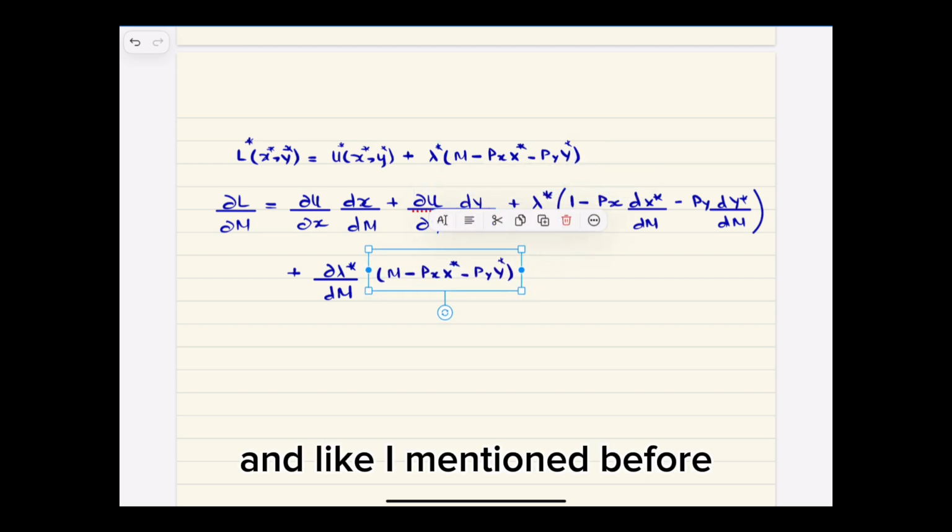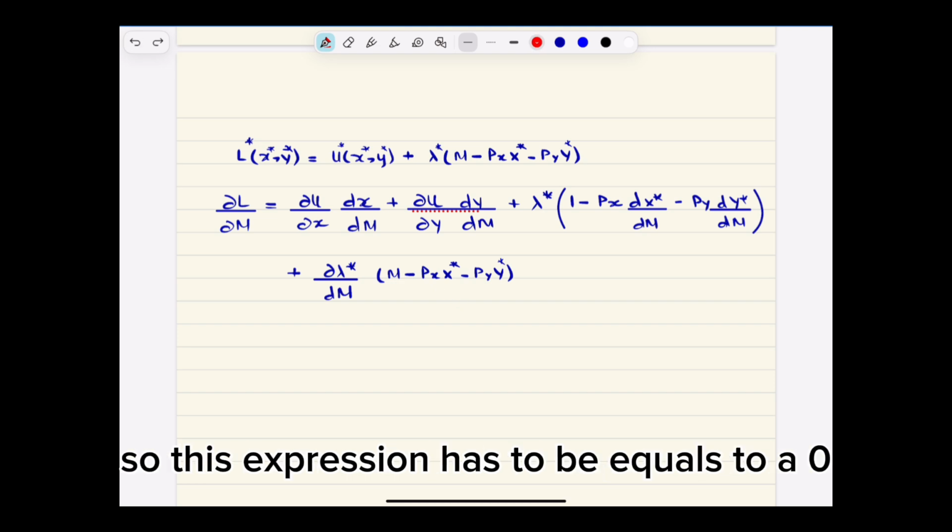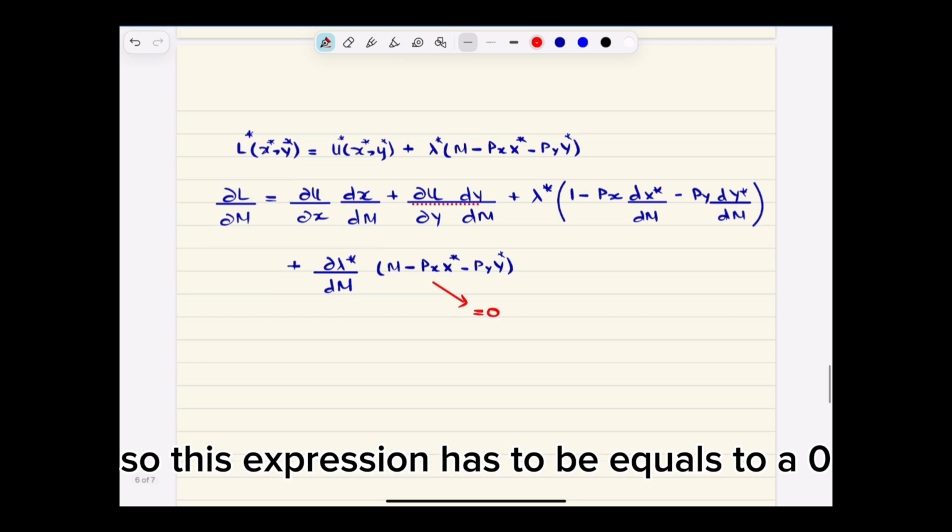And like I mentioned before, the constraint is always satisfied, so this expression has to be equal to 0.